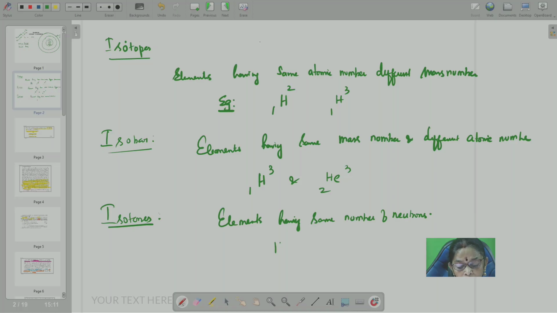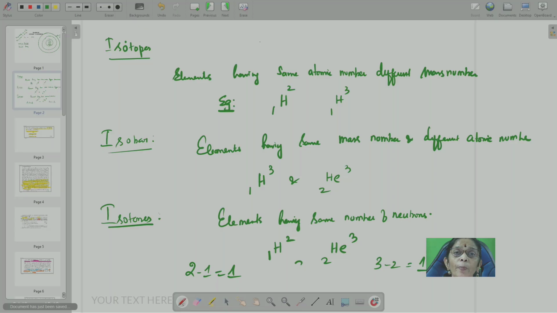So example, same number of neutrons, right? So if I take H12, so what is the number of neutron? Mass number minus atomic number. Similarly, I can take He23. So here 2 minus 1 is equal to 1 and here 3 minus 2 is equal to 1. So therefore same number of neutrons, hence isotope of hydrogen deuterium and isotope of helium 2, 3. So that is considered to be isotone.